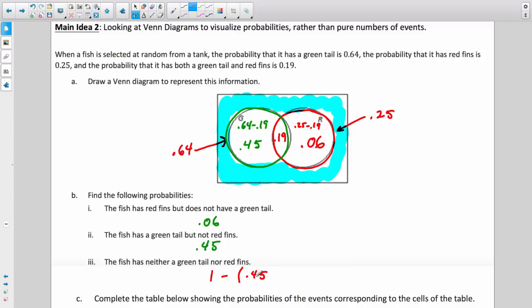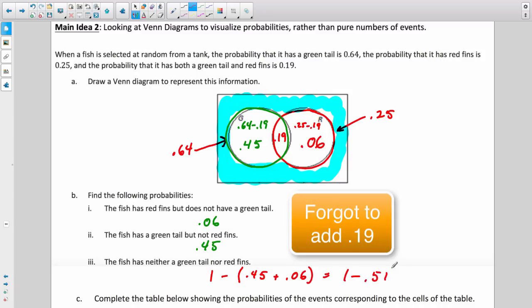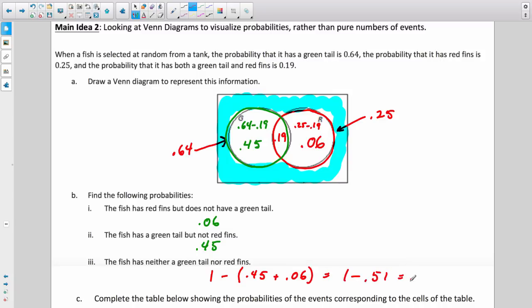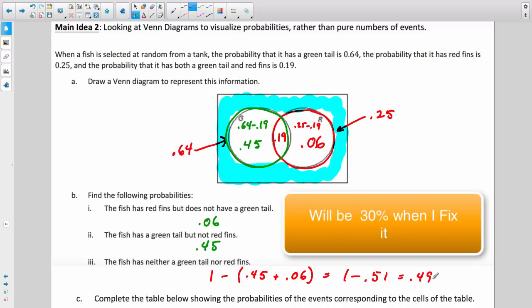Those are the ones with just green. And we have 6%. Those are the ones with just red. So if we take 100% of the population and we subtract those 2 groups, we will have the total number of fish that have neither green tails nor red fins. So what does that equal? 1 minus 0.51, which is 0.49, or 49%.